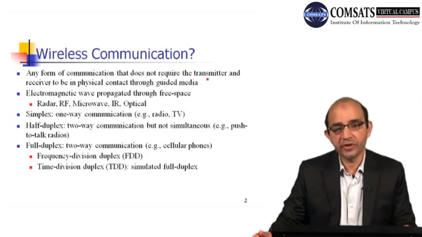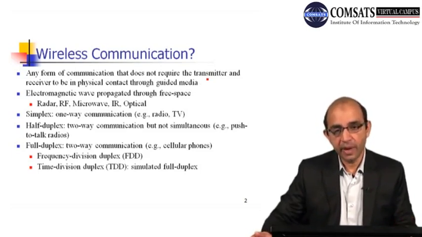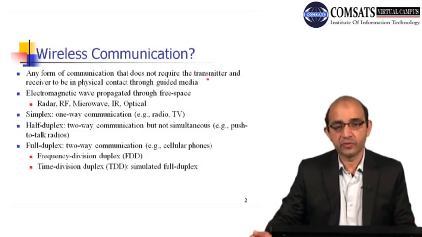We are also aware of the fact that we have the electromagnetic spectrum, and we need to use certain frequencies, certain bandwidth and certain spectrum over the electromagnetic radiation spectrum.